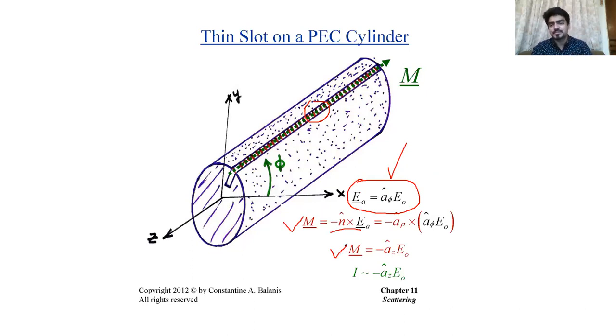So that will be your equivalent magnetic line source placed right on top of your circumferential surface. So now you have that magnetic line source placed right on top of your cylindrical surface along the length of your structure.